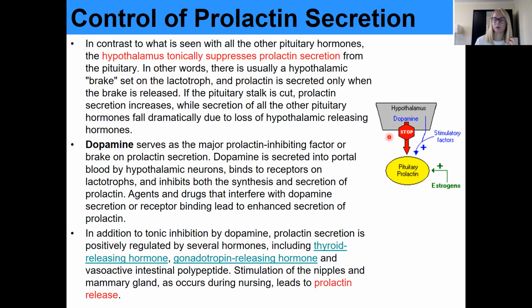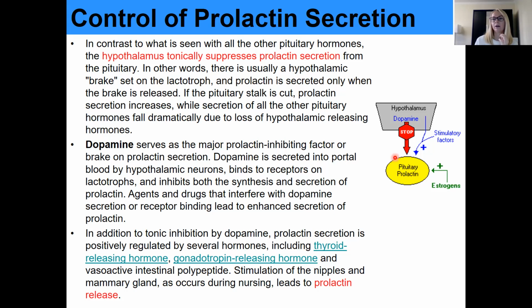So mainly the hypothalamus stimulates the pituitary gland to release its hormones, but prolactin is an exception because the hypothalamus tonically suppresses prolactin secretion from the pituitary gland.